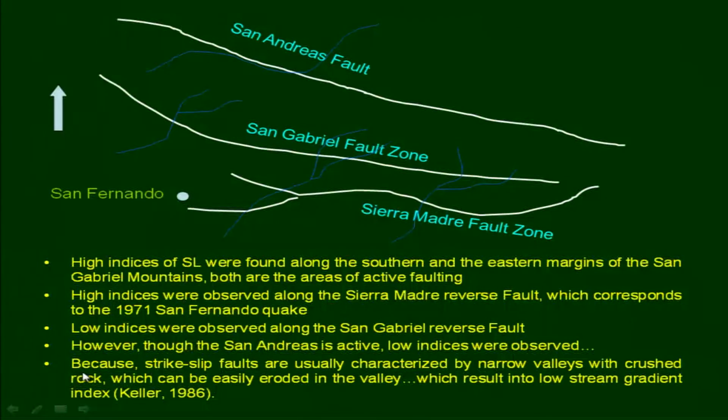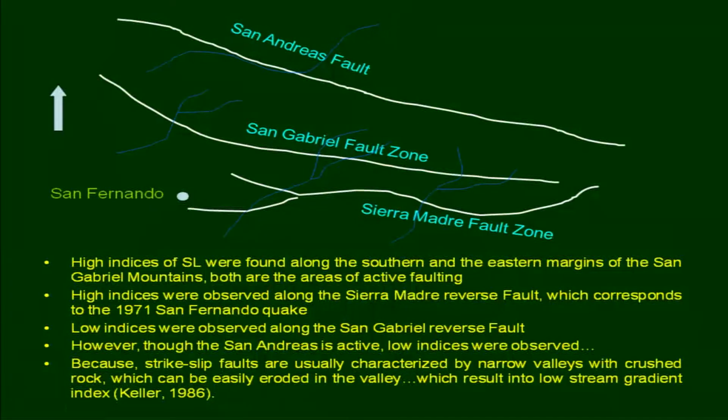Further, this whole fault system is a strike slip fault system, usually characterized by narrow valleys with crushed rocks which can be easily eroded in the valley, which results in a low stream gradient index. So one has to be careful, because you need to understand what type of faulting we are looking at.